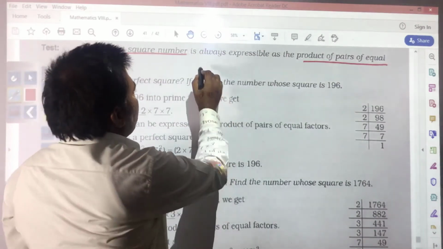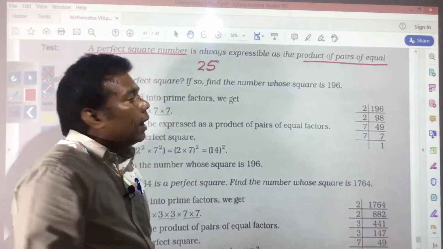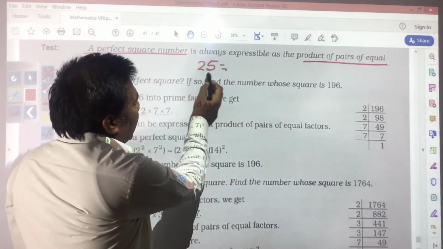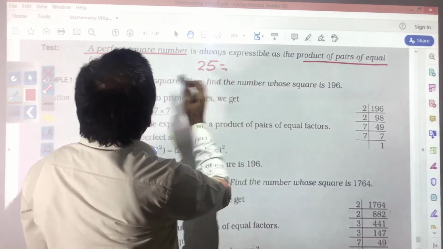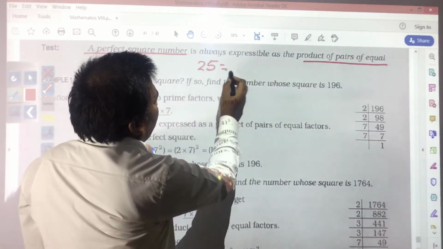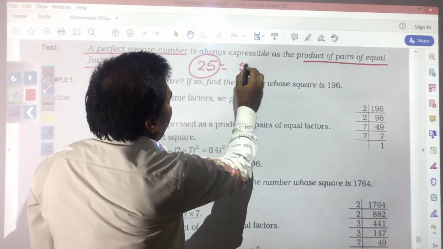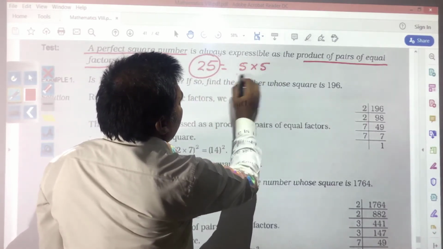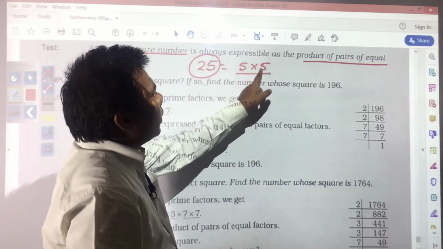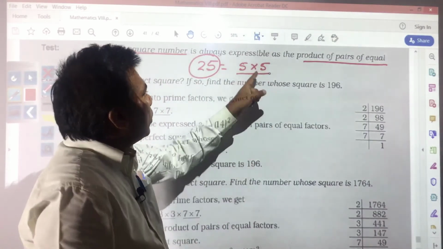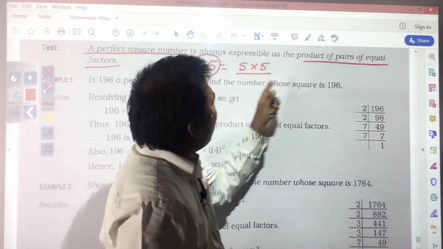If we say that 25 is a perfect square, it means it must be expressed in such a way that pairs of equal factors are there. The factors of 25 are 5 into 5.